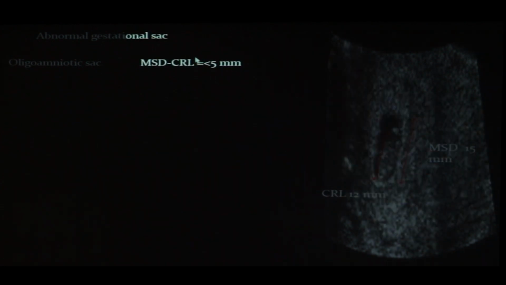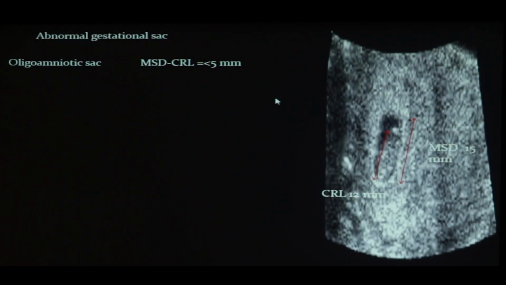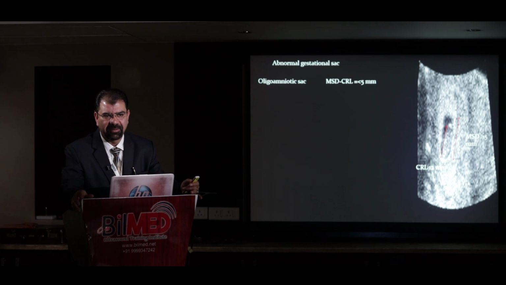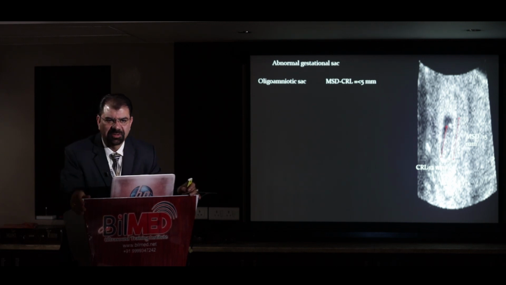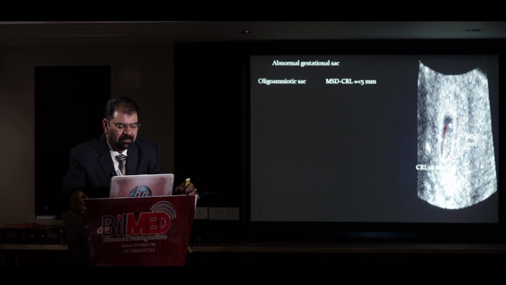If it is 3, this is less than 5 millimeters, and this is a confirmed case of oligoamniotic sac. Please note this. MSD minus CRL is equal to or less than 5. Even 5 can be labeled as oligoamniotic sac, and if it is less than 5, then for sure it is abnormal, and that is oligoamniotic sac.